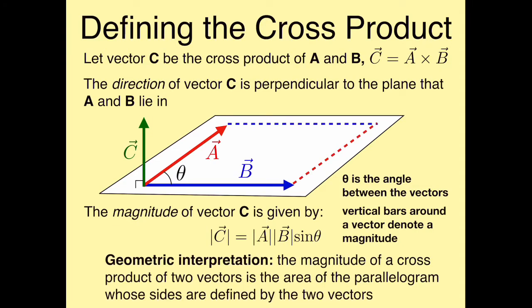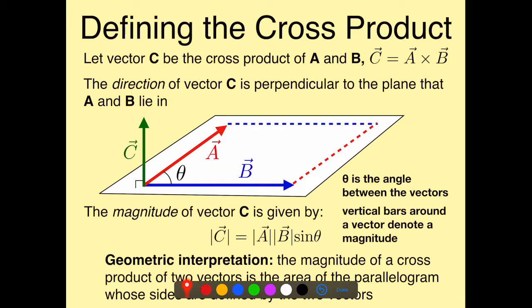There's an interpretation of this equation that we can visualize with our picture. The magnitude of this cross product is the area of the parallelogram whose sides are defined by the two vectors. We have vector A shown in red and vector B shown in blue.